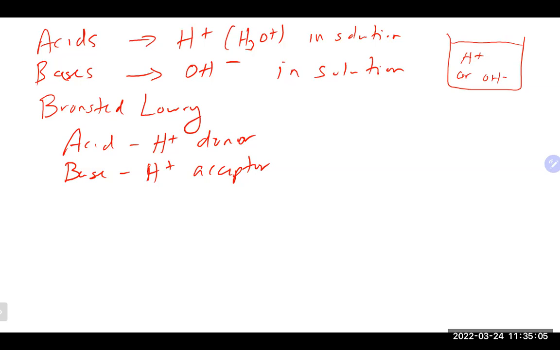The consequence of the Bronsted-Lowry definition is that when we look at an equation between an acid and a base, we get things that are related to each other on opposite sides of the arrow.